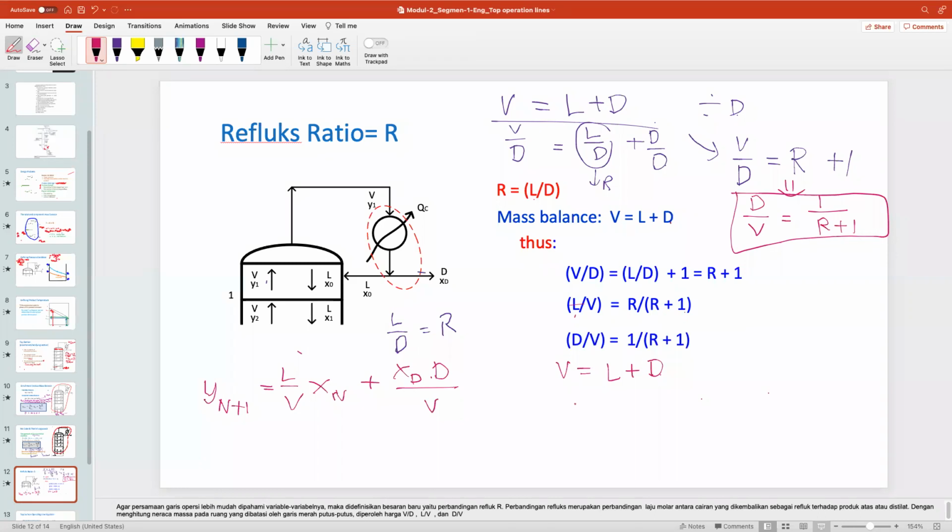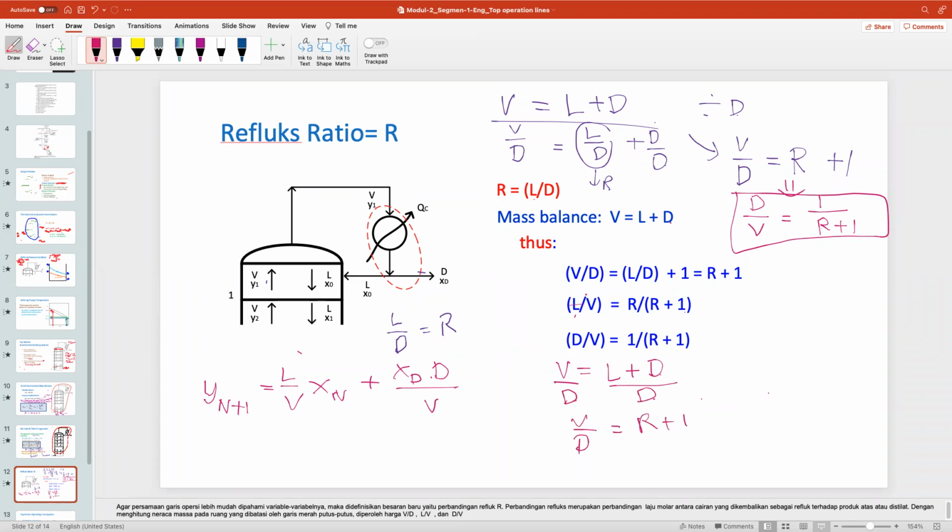For example, if V equals L plus D, then divide both sides by D, and V divided by D equals R plus 1. This one is right.